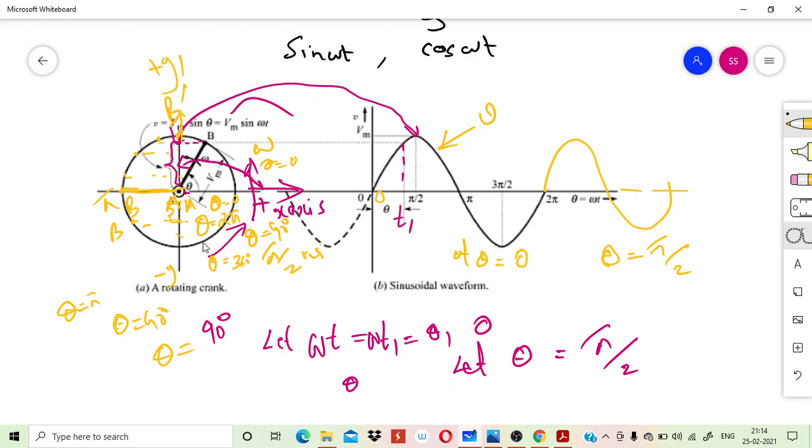Now I have another concept known as phase difference. I have already said that if you are modeling the cosine function, then the phasor should start from the positive y-axis.